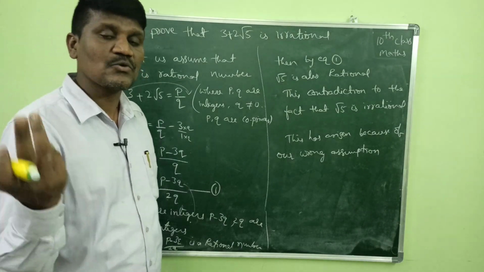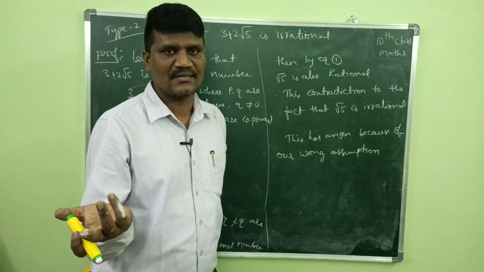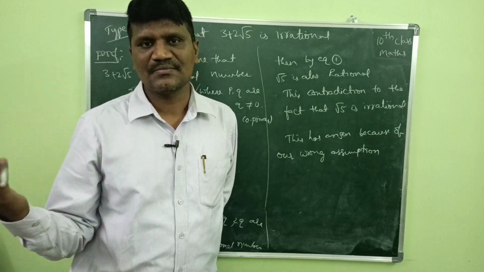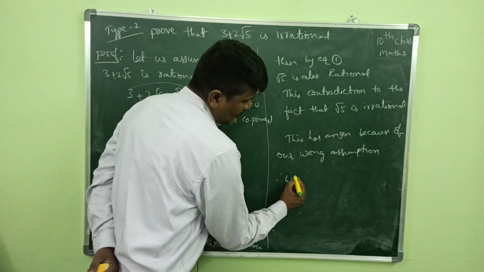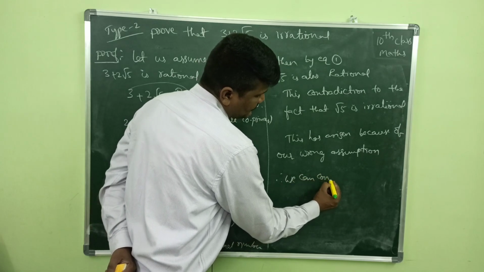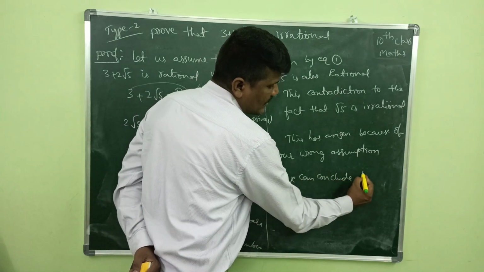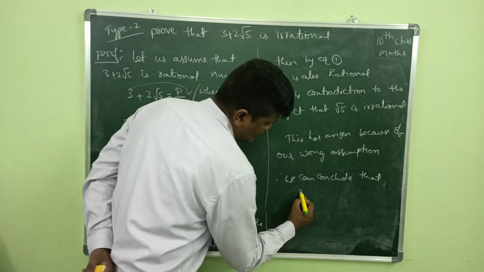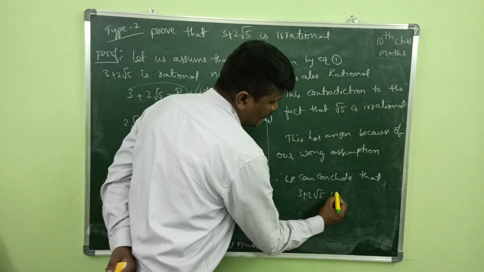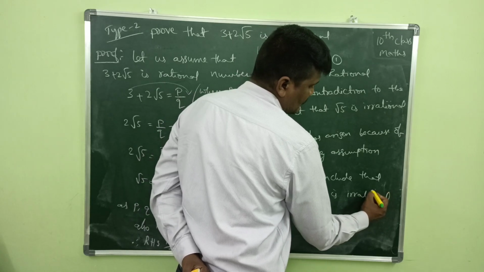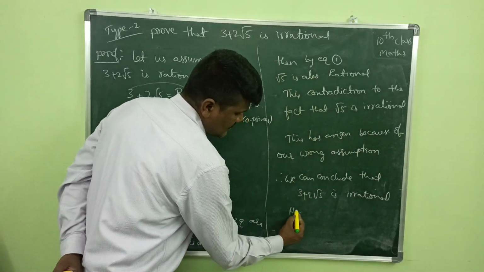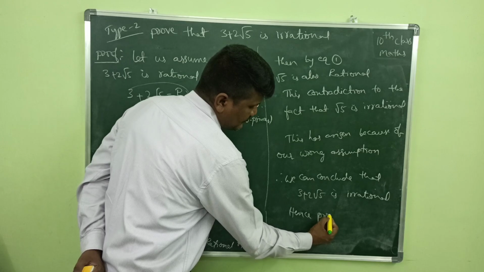So 3 plus 2 root 5 is rational is wrong, means what is right? 3 plus 2 root 5 is an irrational number. So we can conclude this. So therefore we can conclude that 3 plus 2 root 5 is irrational. Hence proved.